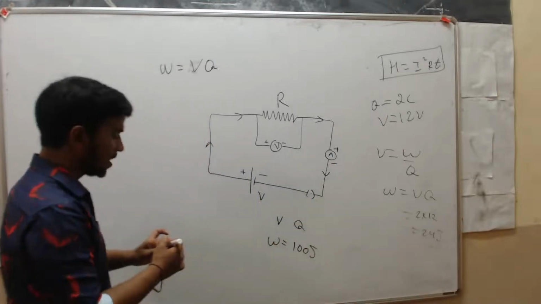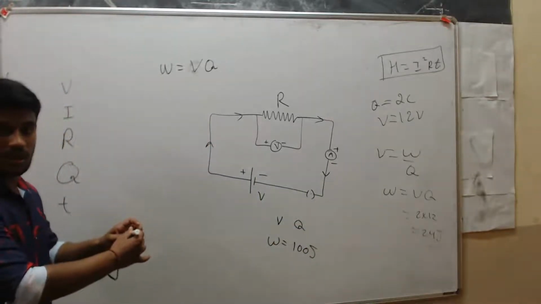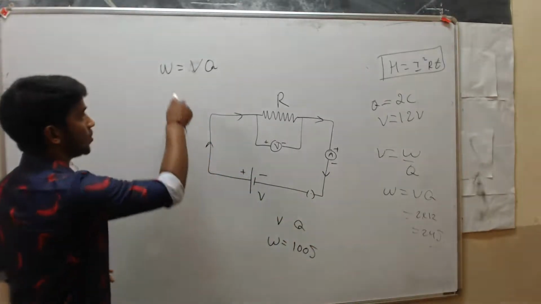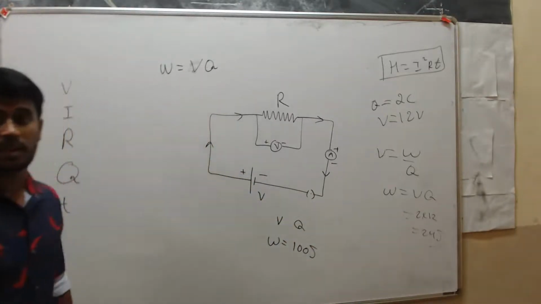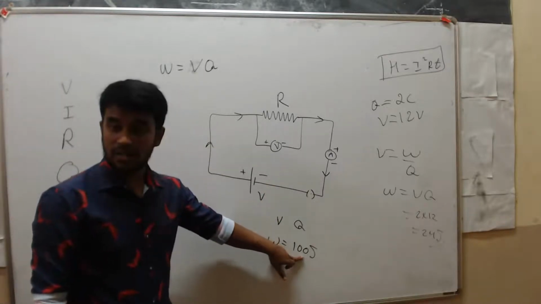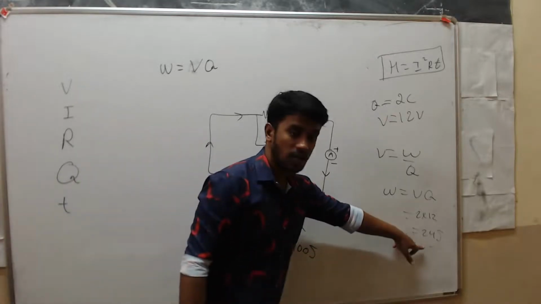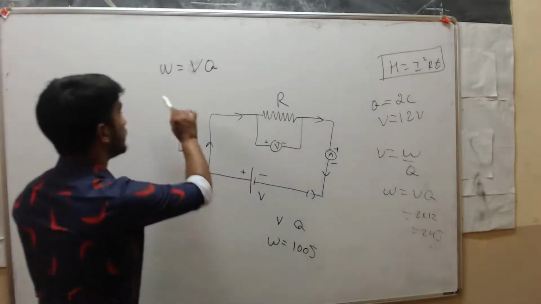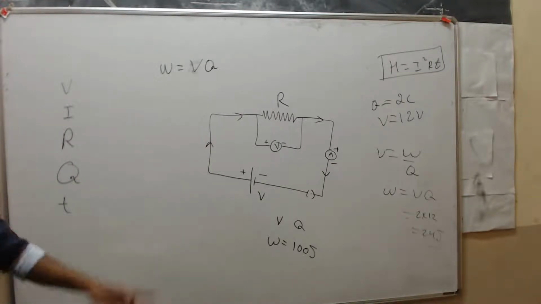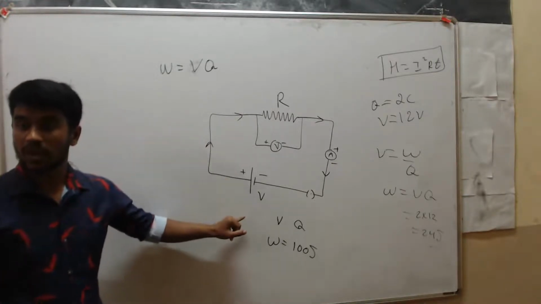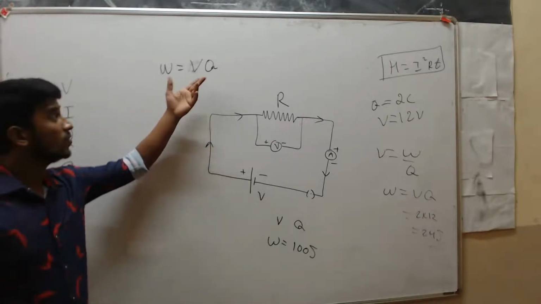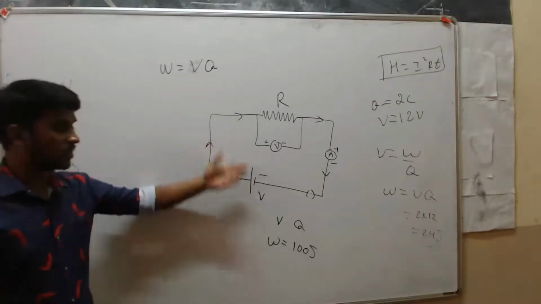Now here I don't know the values. I don't know whether it is 100 joule, 24 joule or 2 joule. But here I got work done equal to V into Q. What is the meaning? This battery should do work equal to V into Q; that much work it should do.